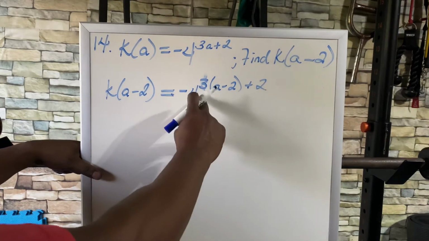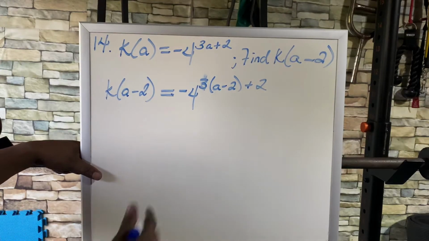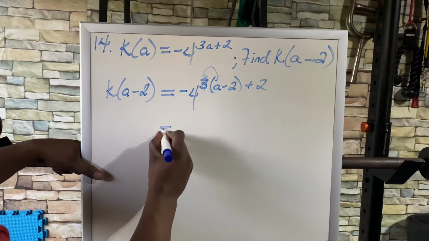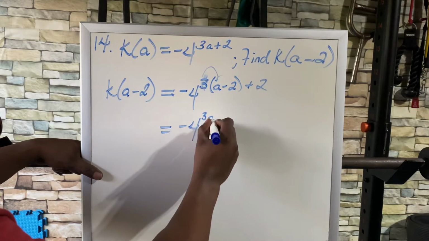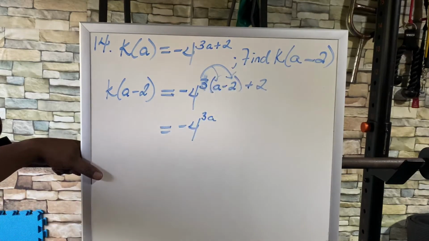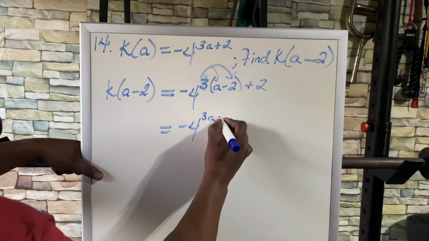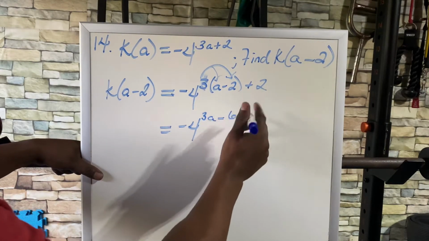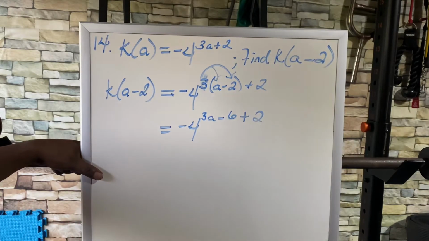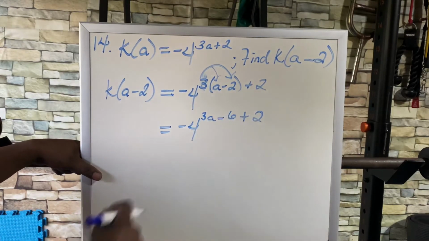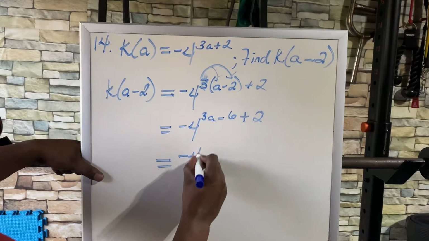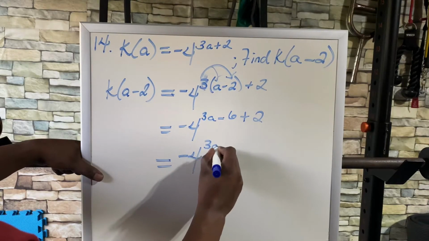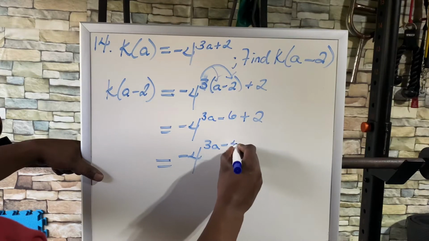Everything we have to work out is up here. We distribute 3 times a, it's 3a. 3 times negative 2 is negative 6, bring down the plus 2. Negative 6 plus 2 is negative 4. So your final answer is negative 4 to the 3a minus 4.